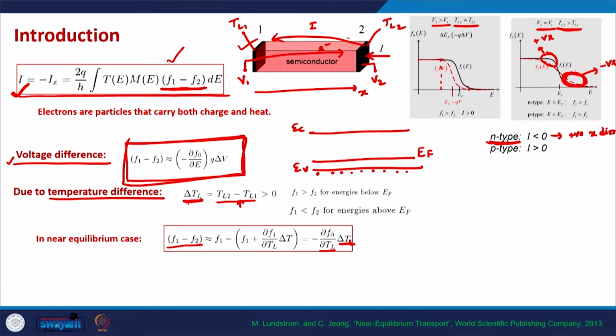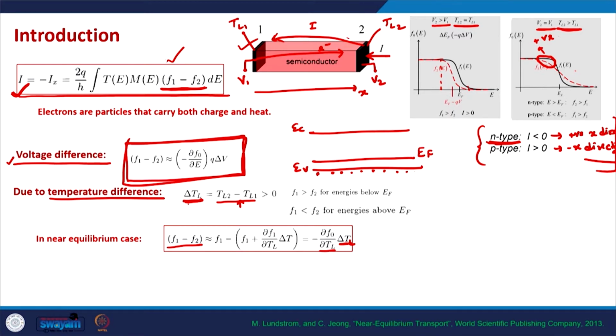In this case, if there is a temperature difference, we need to see F1 minus F2 below the Fermi level, and as you can see, F1 minus F2 is positive, which means there is a current in the minus x direction. So, depending on the doping of the semiconductor, the current direction will be determined when a temperature difference is applied across the semiconductor.